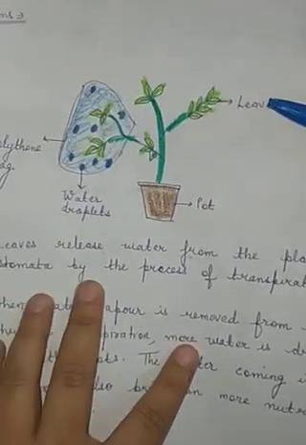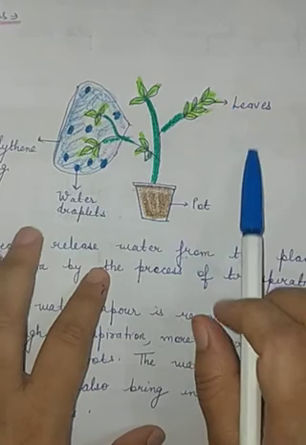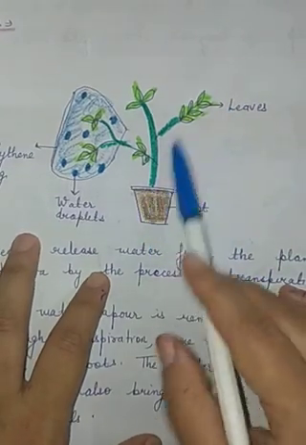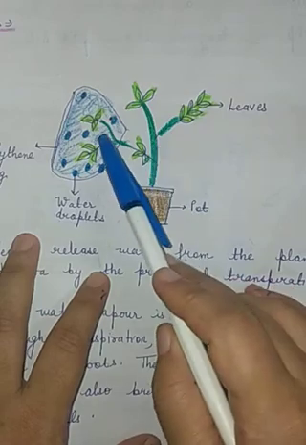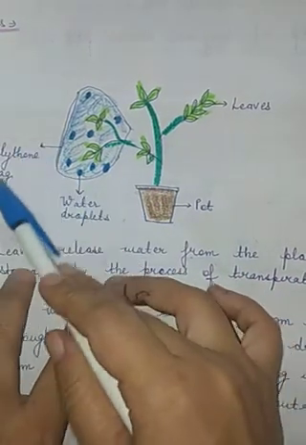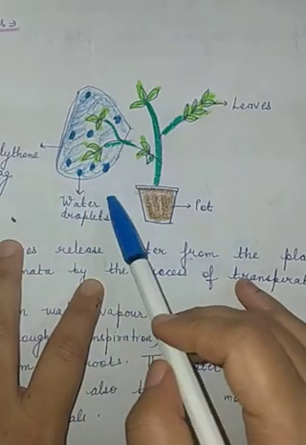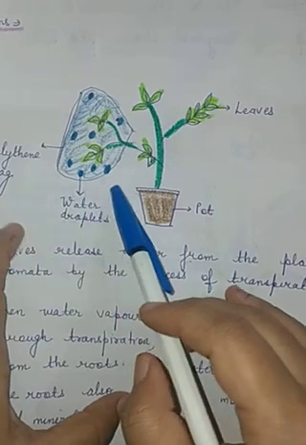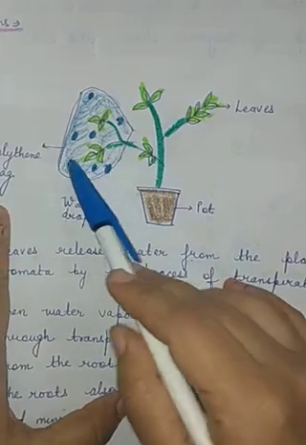And how transpiration occurs, this is a simple experiment demonstration. When we take one potted plant and cover some part of the leaves with a polythene bag, after some time you will observe that the polythene bag has water droplets.